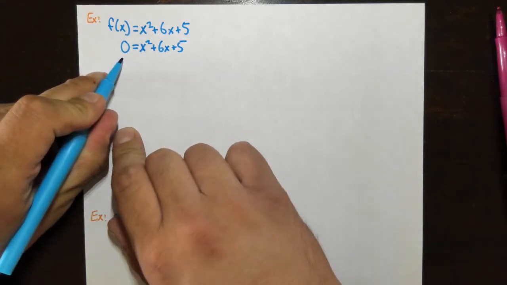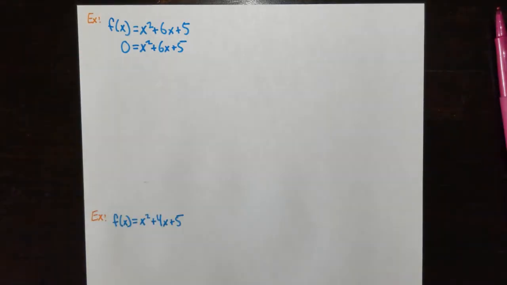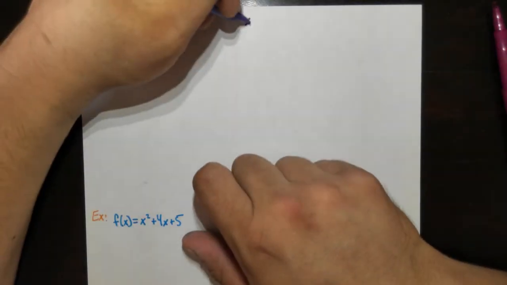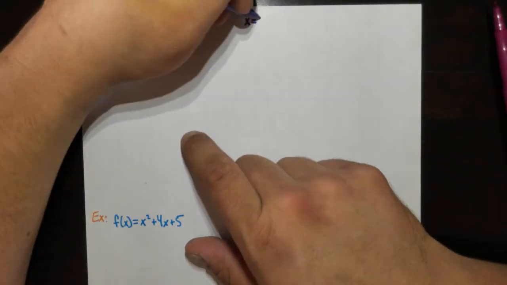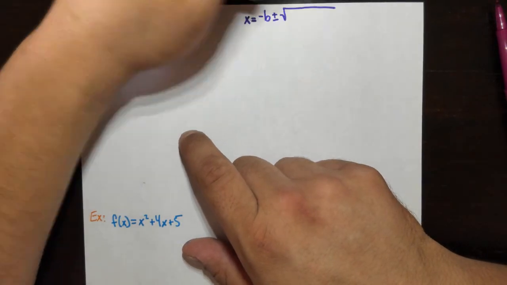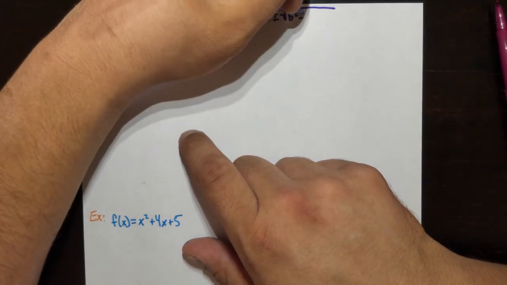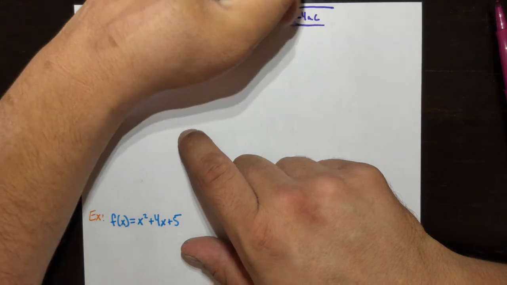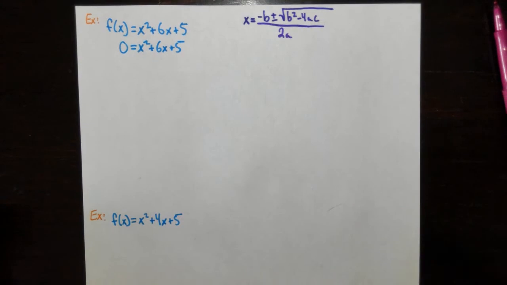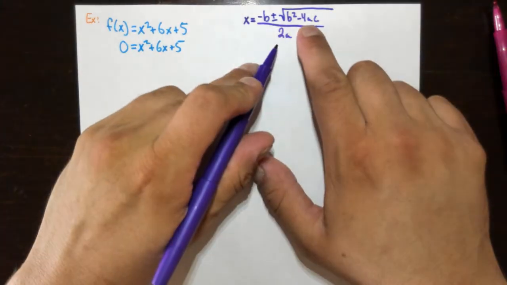I will write the quadratic formula up here so we have it as reference. X equals negative b plus or minus the square root of b squared minus 4ac, all divided by 2a. Notice that the 4 and the 2 are in the formula.